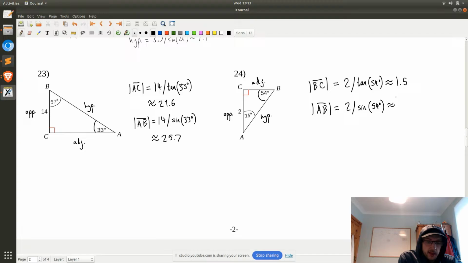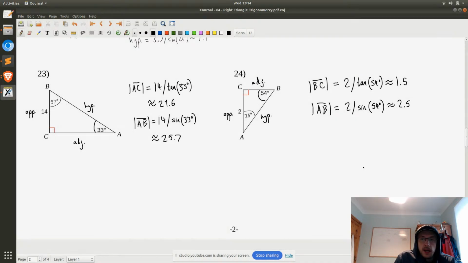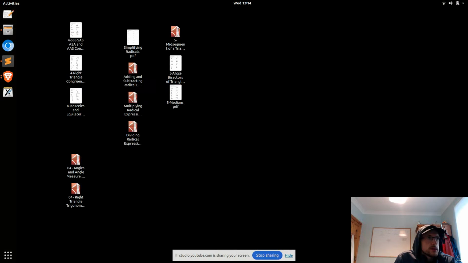That would be that length. And we get 2.5 to the nearest tenth. And we check. And that's all correct. And that's good. And we take a breath here.